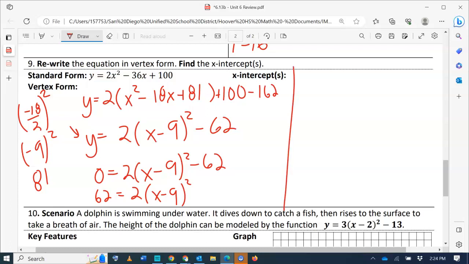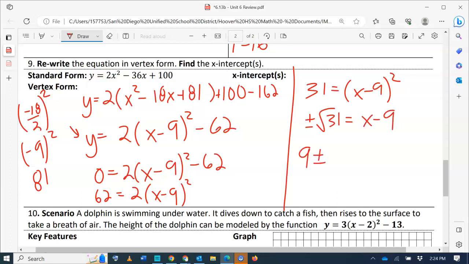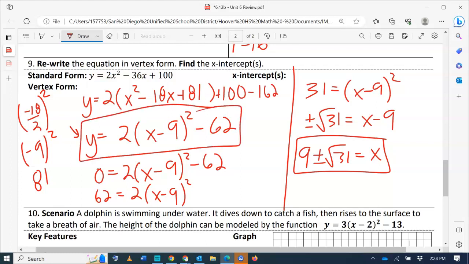So we get 31 equals x minus 9 squared. All right, divided by 2 on both sides. That's where that 31 came from. Then square root both sides. Equals x minus 9. And finally add 9 to both sides. We get our 2 x-intercepts. Okay, so we have that and that are 2 answers.